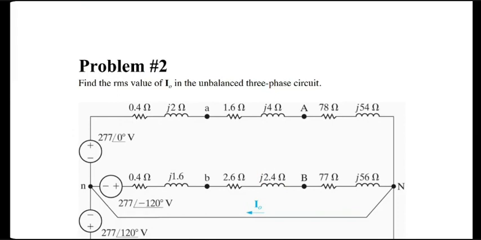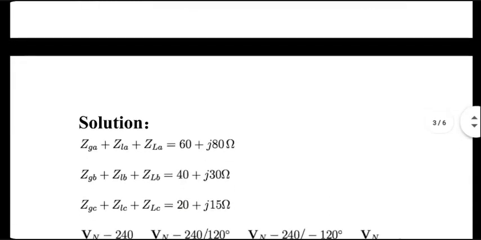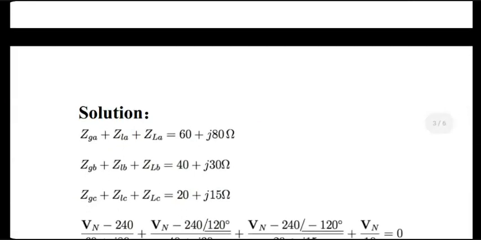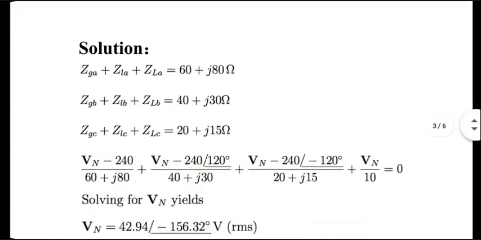What is this? 1.6 plus 0.4 gives you 2, and 2 plus 78 gives you 80 ohm. And how about the reactive part? 2 plus 4, 6, and 54 gives 60 ohm. So 80 plus j60. Again, they have made a mistake. I think there's a typo. It should be 80 plus j60 ohm, the total impedance in phase A.